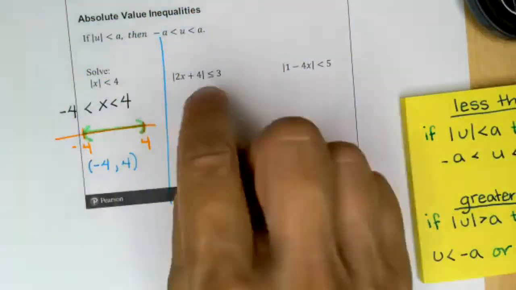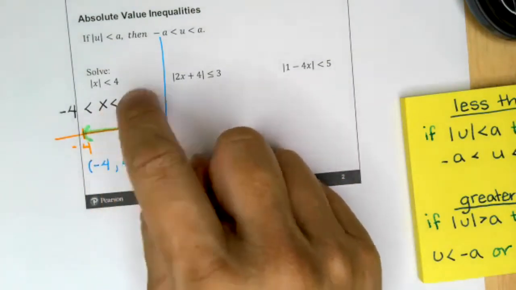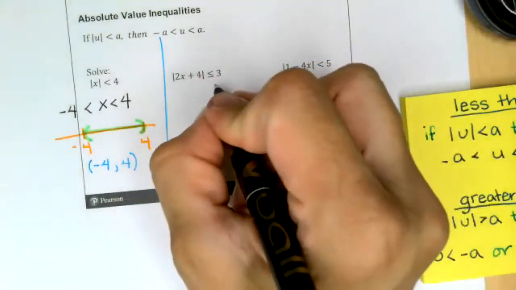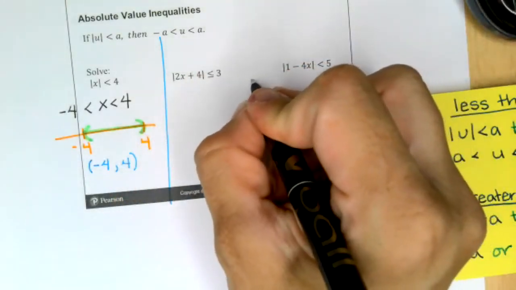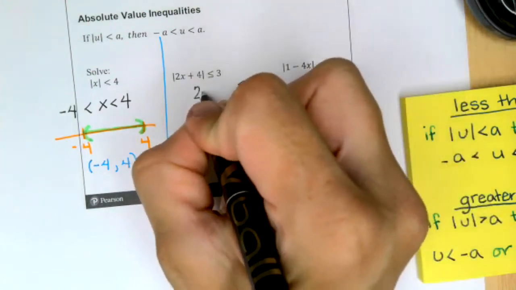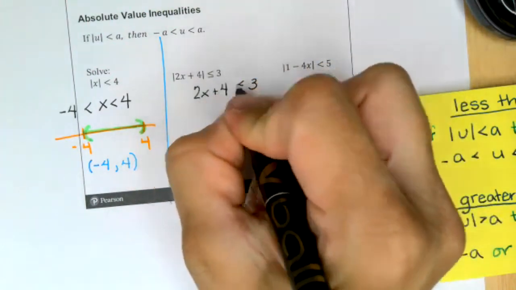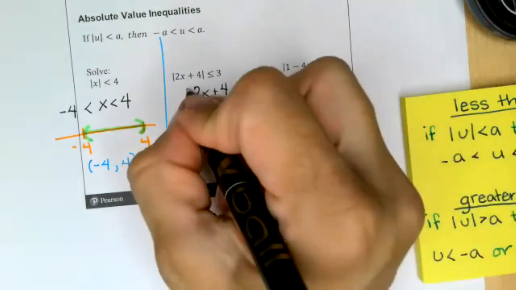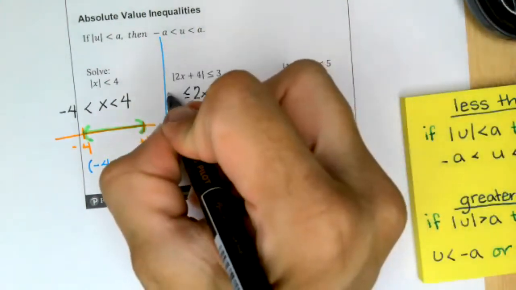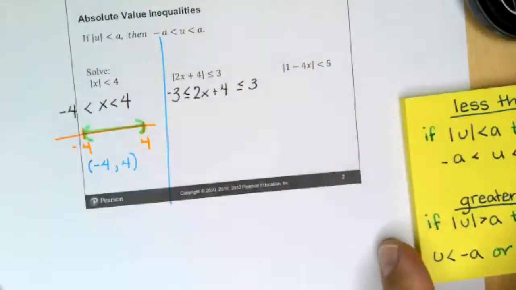All right, same thing. Rewrite it like this because it's already isolated. So we've got 2x plus 4 is less than or equal to 3. And greater than or equal to -3. Ooh, I forgot about that.